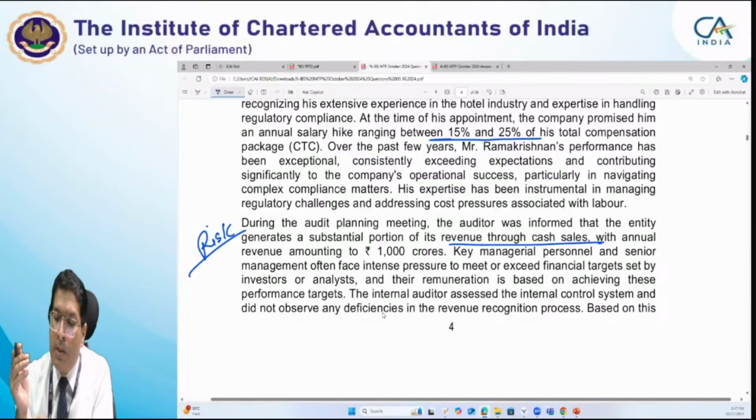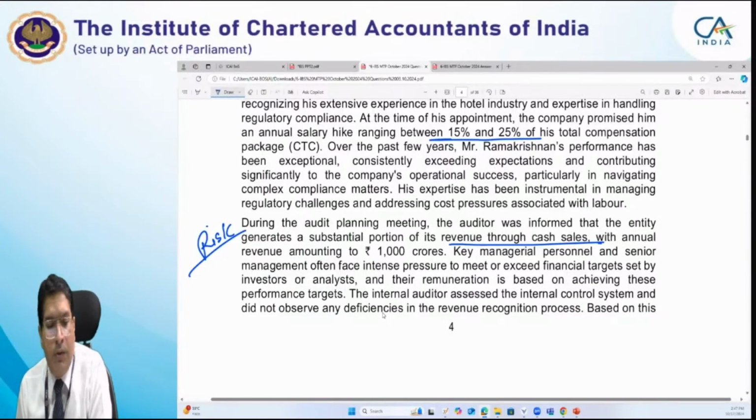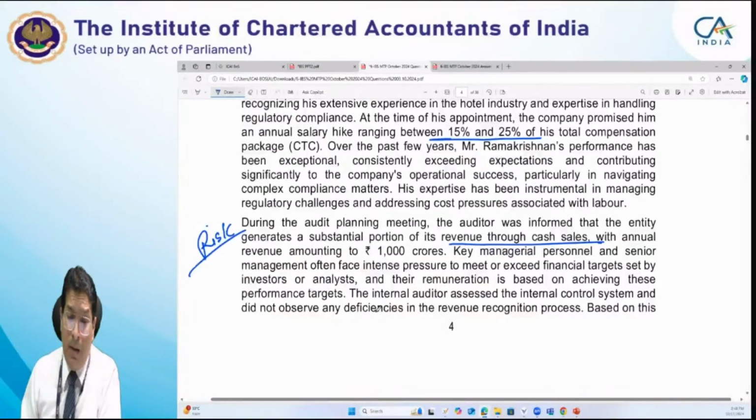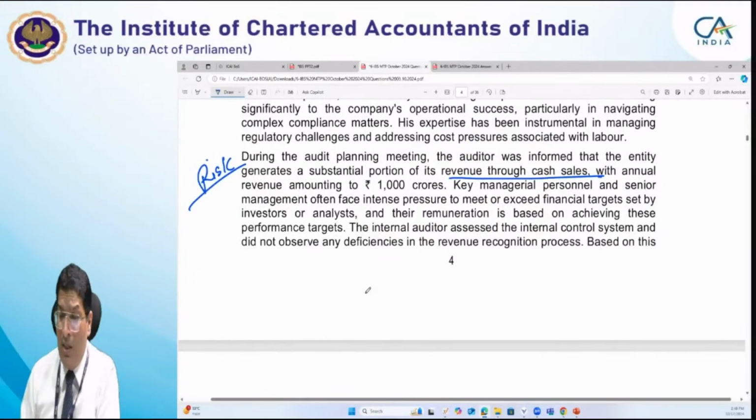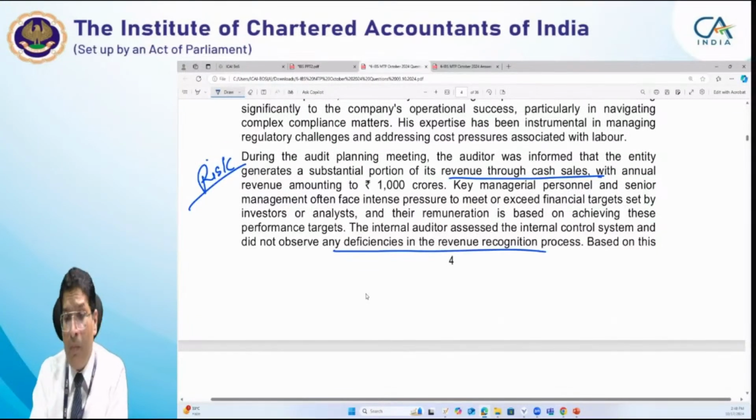Key managerial personnel and senior management often face intense pressure to meet or exceed financial targets set by investors or analysts, and their remuneration is based on achieving these performance targets. The internal auditor assessed the internal control system and did not observe any deficiencies in the revenue recognition process.